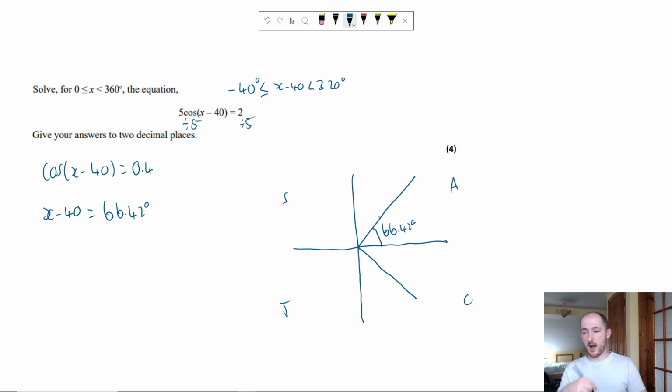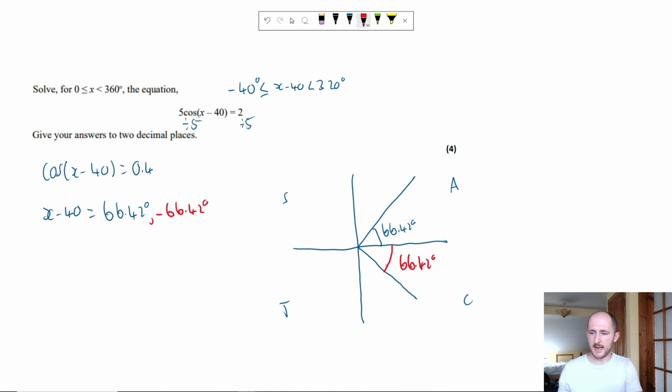To work out the other angle, well, we can work out the negative ones if we want. Negative means we go clockwise. That's going to be 66.42, because remember, the angle between the line and the horizontal axis is always going to be the same for these two. So we can see that that's negative 66.42, because again it's clockwise.